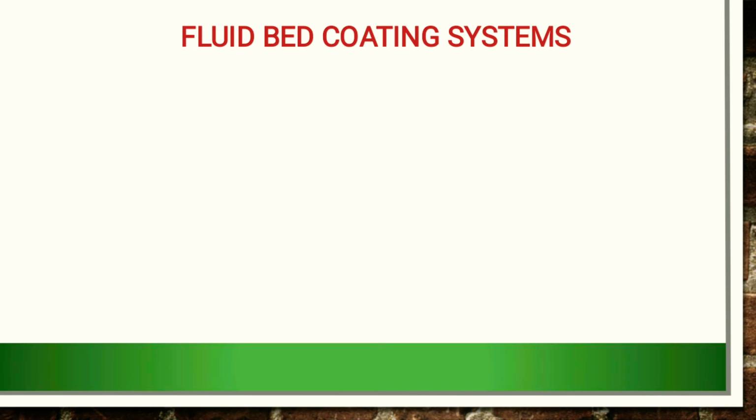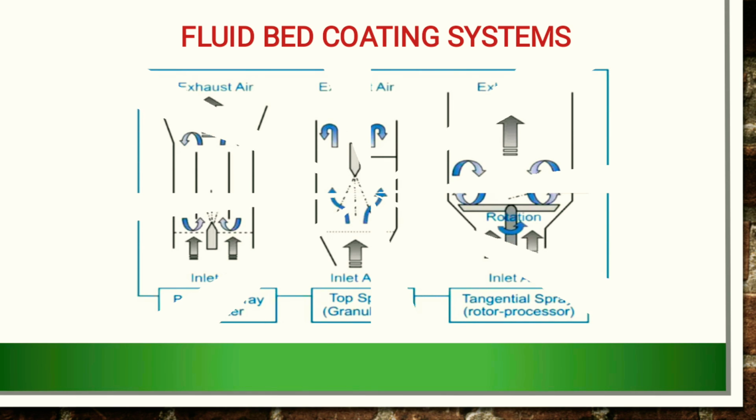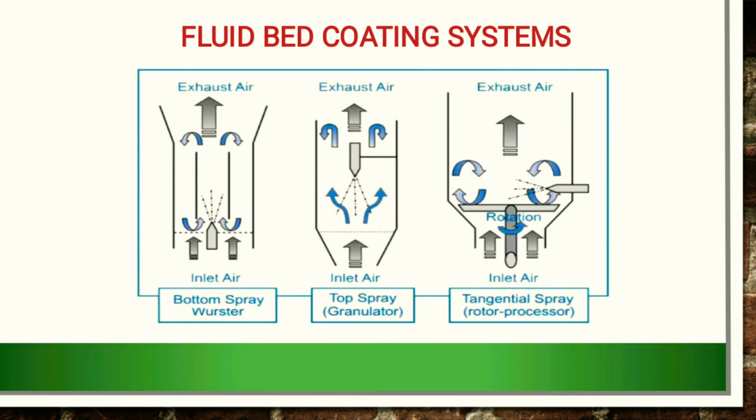The next type is fluidized bed coating systems. This is the diagrammatic representation of a fluidized bed coating system. This fluidized bed equipment offers an alternative to pan coating and is particularly popular for coating multi-particulate systems. The equipment offers the potential advantage of being able to effect the most efficient drying of any product that is possible in any existing coating equipment.